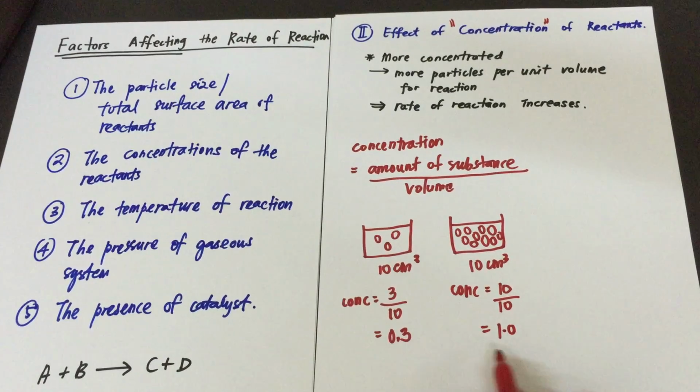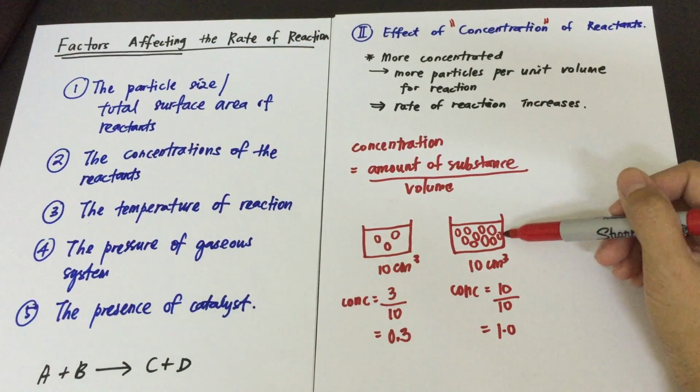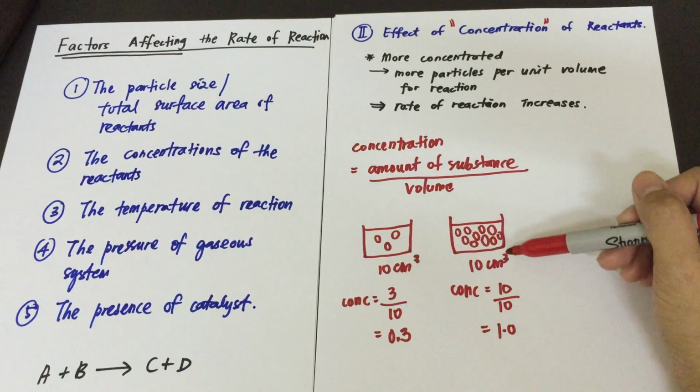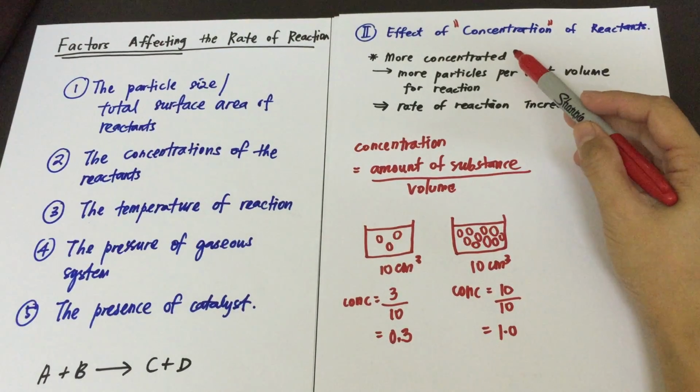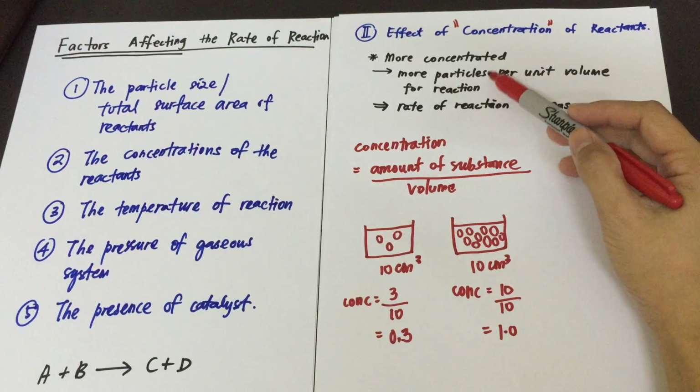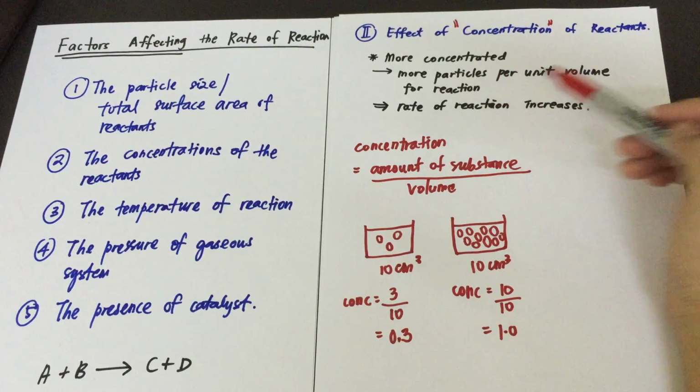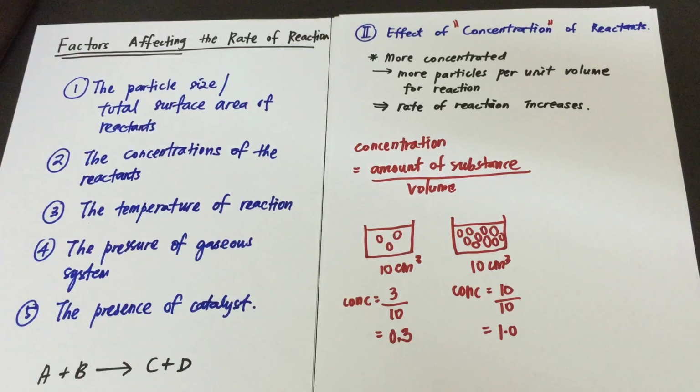So you can see clearly that the concentration increases if the amount of substance in a fixed volume increases. So when we say a more concentrated reactant solution, that means there are more particles per unit volume for the particular reaction.